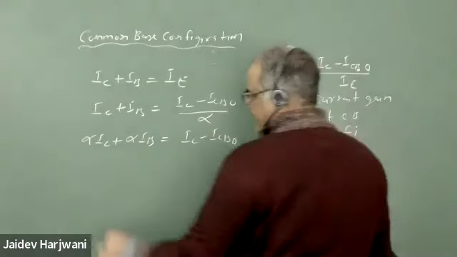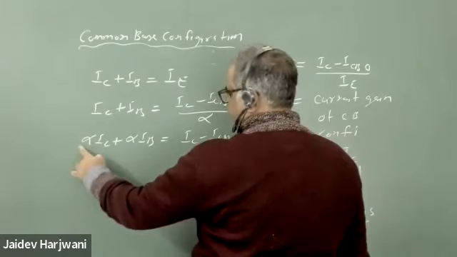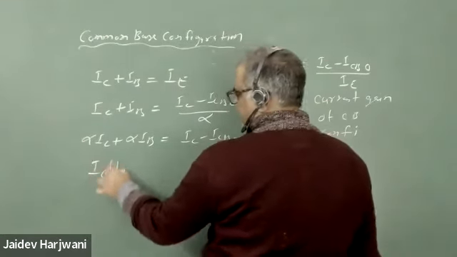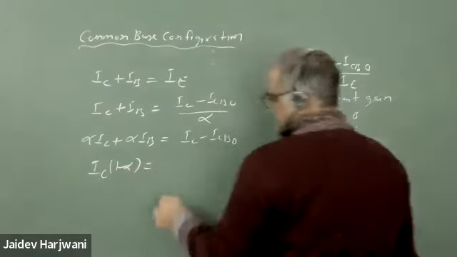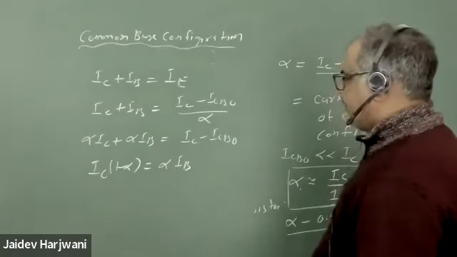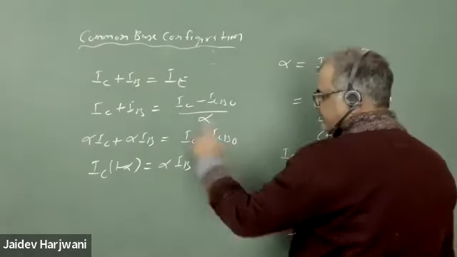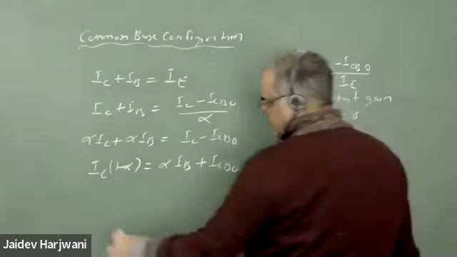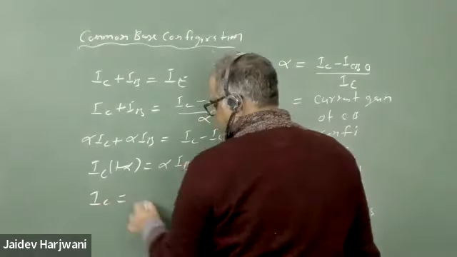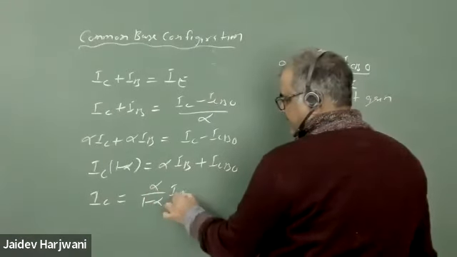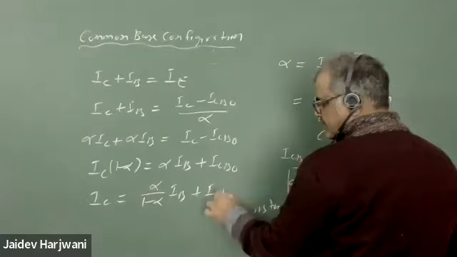Since alpha is less than 1, I can write IC times (1 minus alpha) equals alpha IB plus ICBO, and from here IC is equal to alpha upon (1 minus alpha) times IB plus ICBO upon (1 minus alpha).